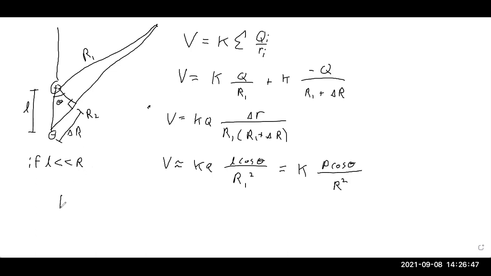Yes, it could be. I'm using this as an assumption that R1 is approximately R2. So the distance to the close one and the distance to the farther one are about the same.